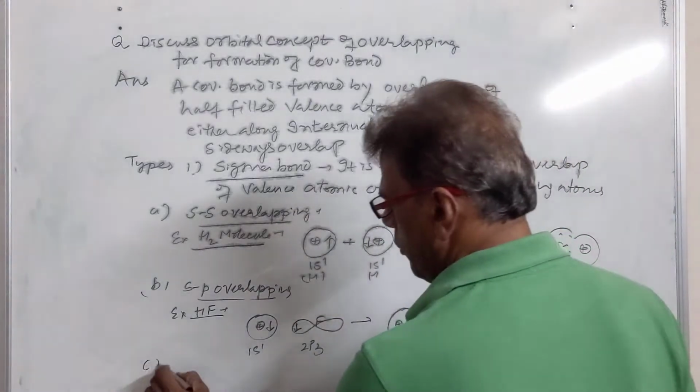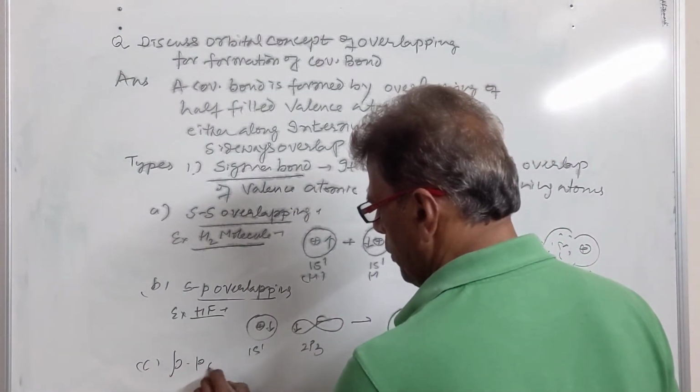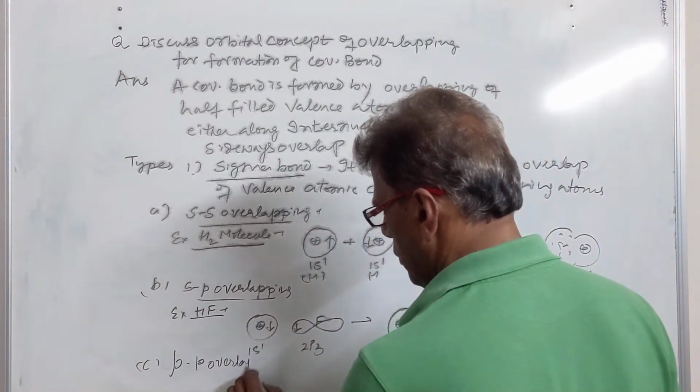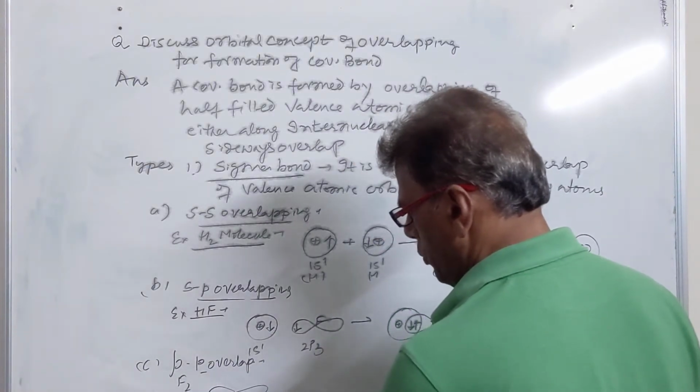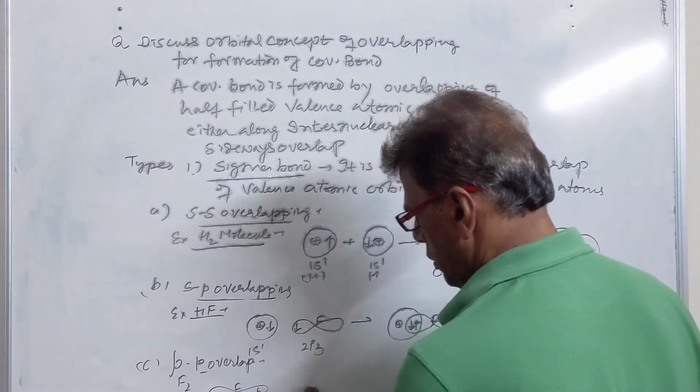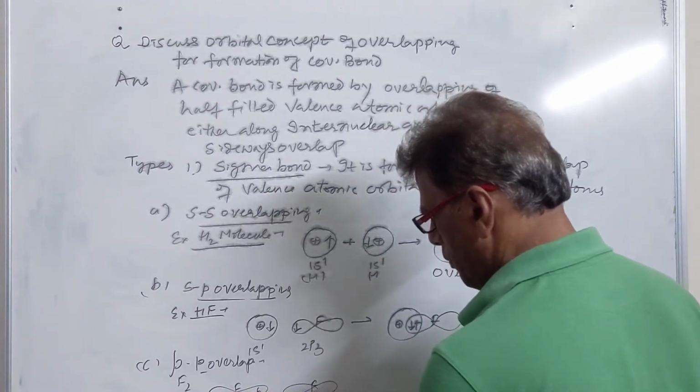Then we have the third type of overlapping, that is p-p overlapping. It is formation of F2 molecule, 2pz orbitals of two fluorine atoms.